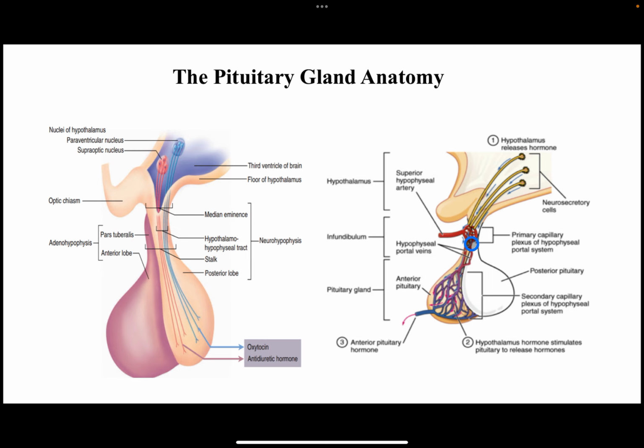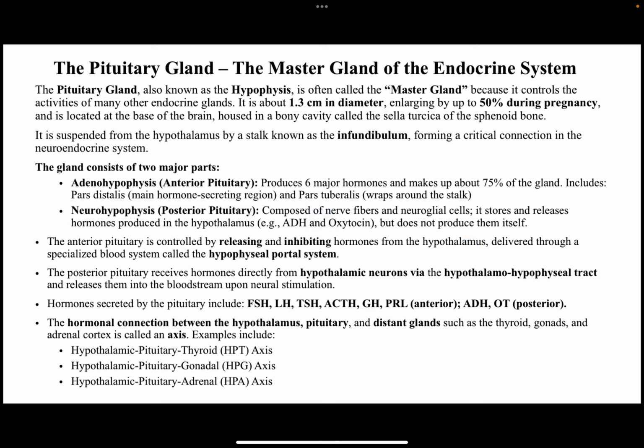Now, this gland has two major parts, like we mentioned even during the hypothalamus discussion. We have the anterior pituitary gland and the posterior pituitary gland.